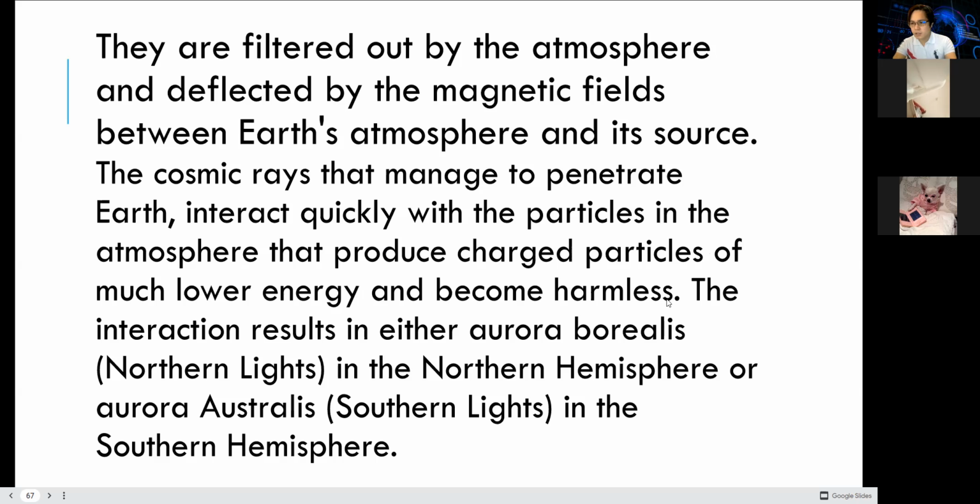These are now harmless. Without the atmosphere, Earth would not be habitable. Earth is really a biosphere. When you say biosphere, this is that layer of a planet which is habitable, which enables life to grow. This is the reason why Earth is really protected. If you look at the Bible, Earth was prepared by God.